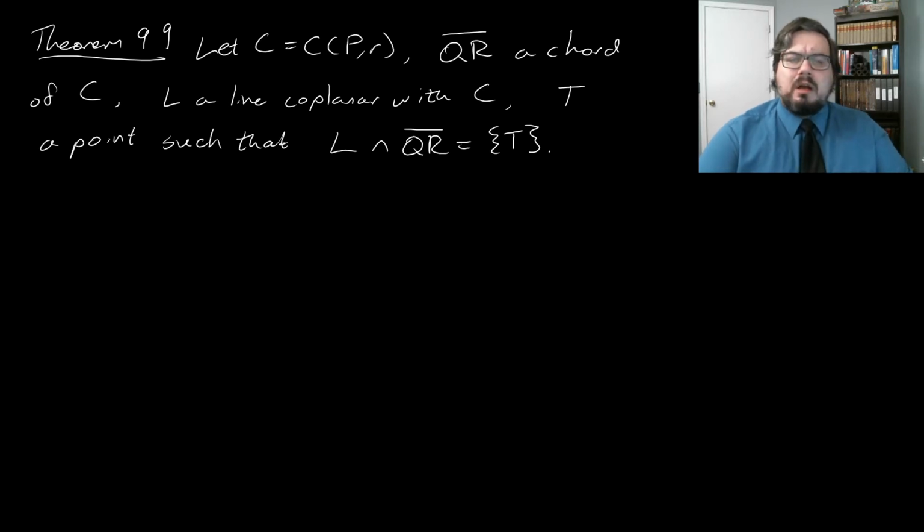Furthermore, we need the segment QR to be a non-diameter chord. So we want a chord that's not a diameter.